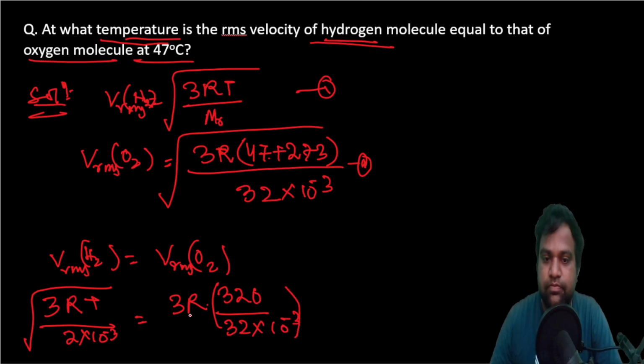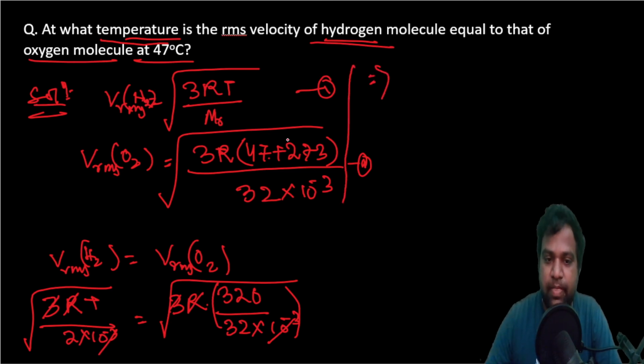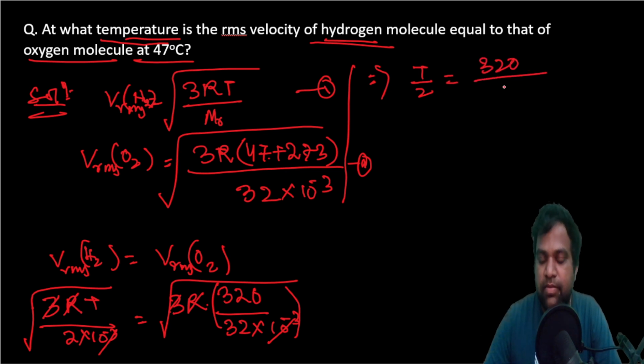Root 3R and 10 to the power minus 3 get cancelled. If we square both sides, the root also cancels. So you get T by 2 equal to 320 by 32, which is 10, and cross multiplying, your T will be 20 Kelvin.